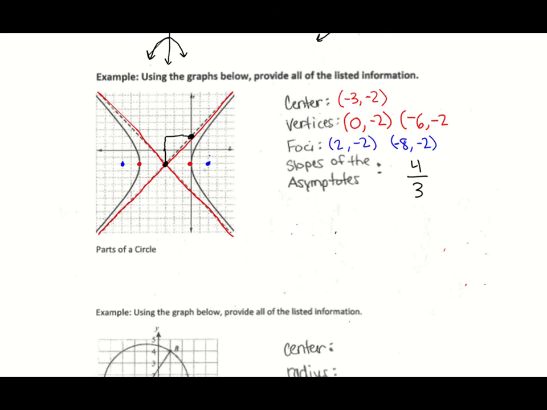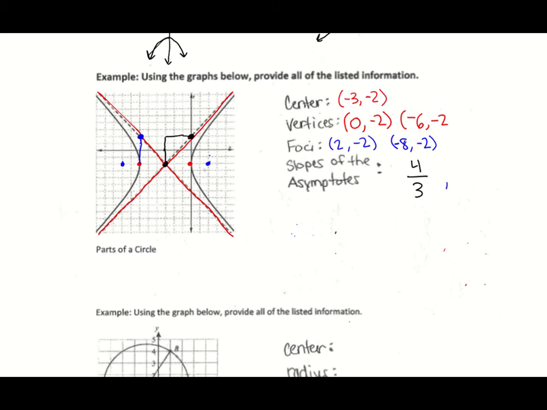To find my slope of the other asymptote, I'm going to use the point straight across from it here. So to find the rise over run of here, I'm starting at my left point here, so I'm going to start up here this time. I'm going down 1, 2, 3, 4.